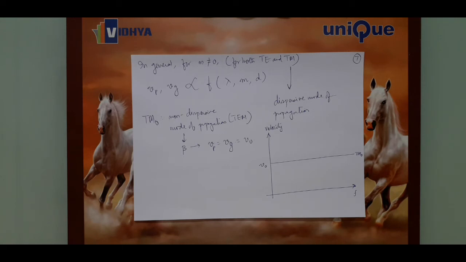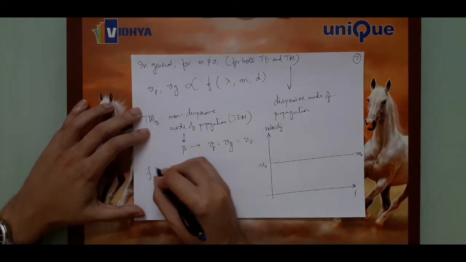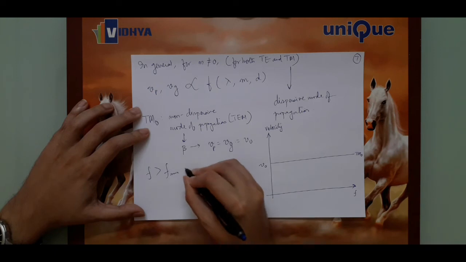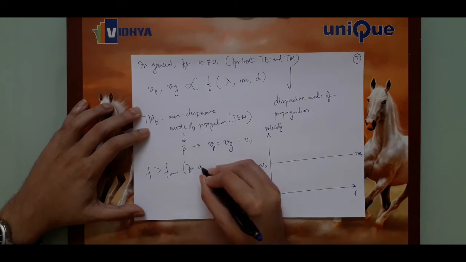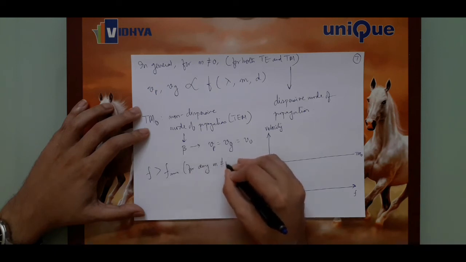We had actually defined the cutoff frequencies in the previous class, that in case of TE mode, and similarly for TM mode also, the frequency of the wave has to be above a certain value. So in general, f should be more than f min for any m that is not equal to 0.